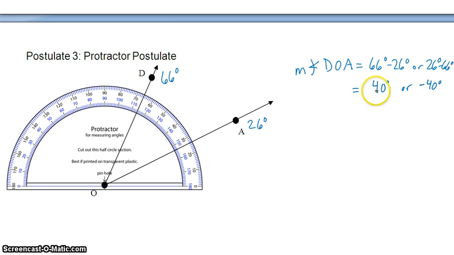To make sure that my answer is always positive, since this measure is going to be a positive number of degrees, I need to take the absolute value. That way, no matter which way I subtract, I'm going to always get a positive answer.